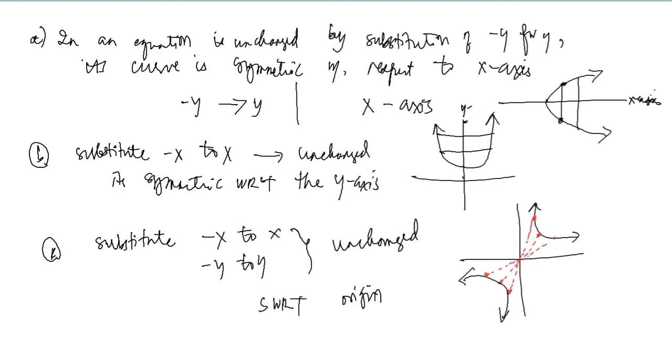So, i-change ko lang yung mga sign, yun na rin yung mukha niya sa kabila. Okay? So, magta-try tayo ng test of symmetry for this example. So, test for symmetry.